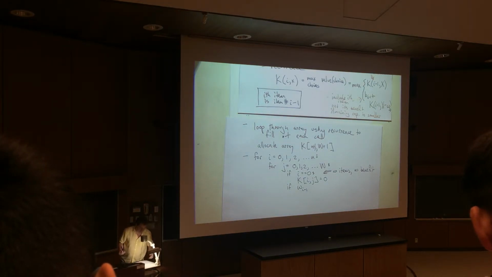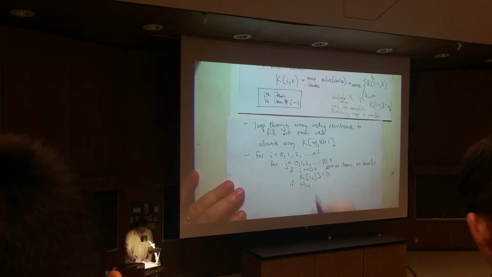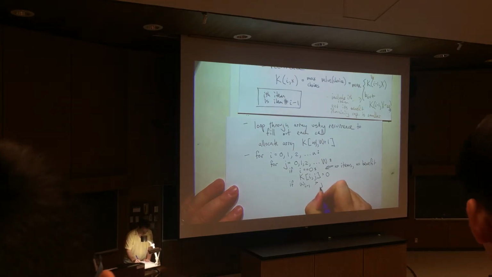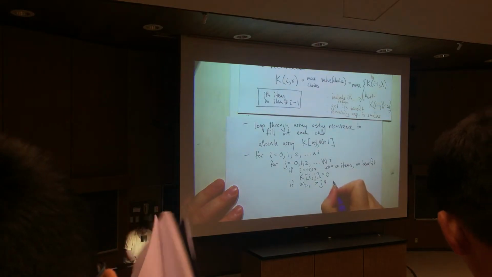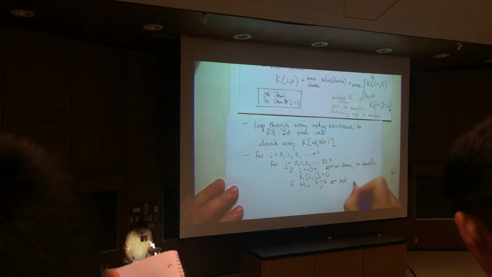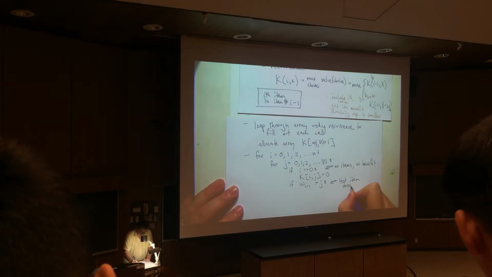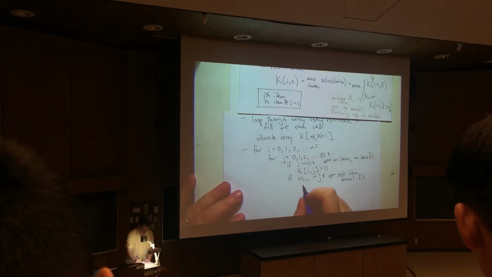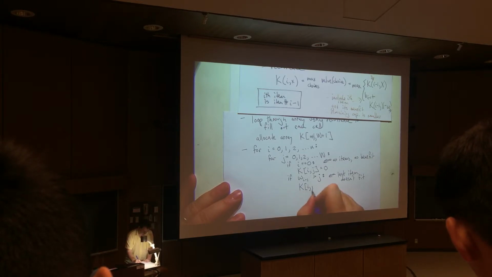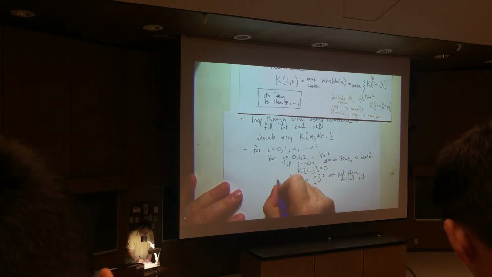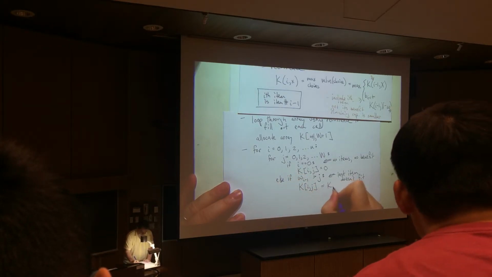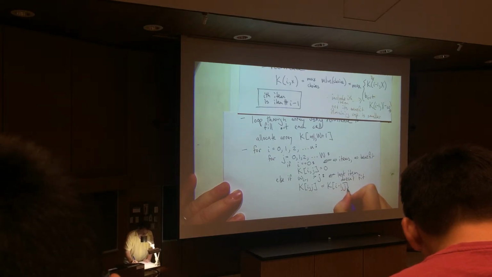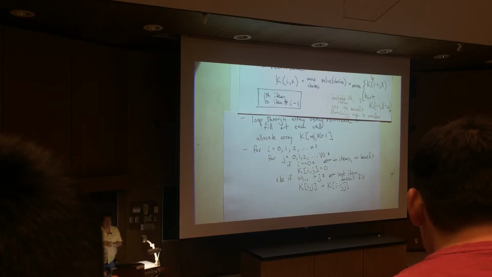A little bit of an inconvenience in the way we have to write this stuff, but if the weight of that last item is too big, if the last item doesn't fit, we can't use it. K of I, j is K of I minus 1, j.